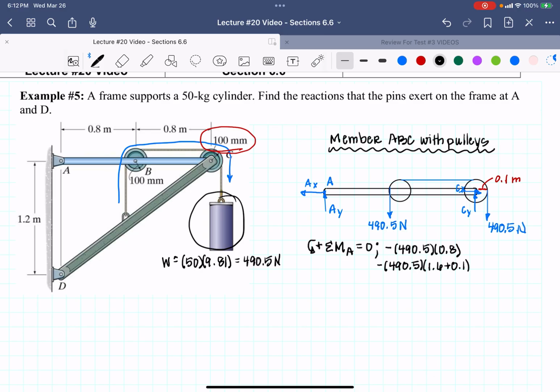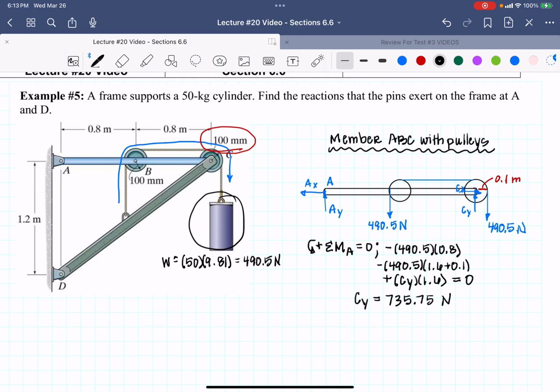And then the only other thing we have is C of Y, which is 1.6. The sum of moments equals 0, so I can solve that for C of Y. I get that C of Y equals 735.75 newtons. And it is positive, so it's in the direction we assumed.